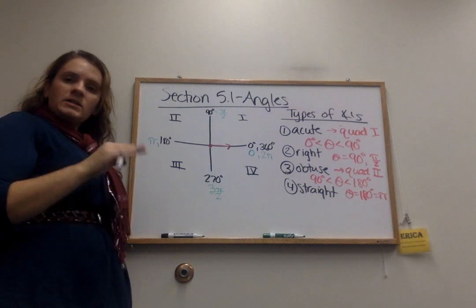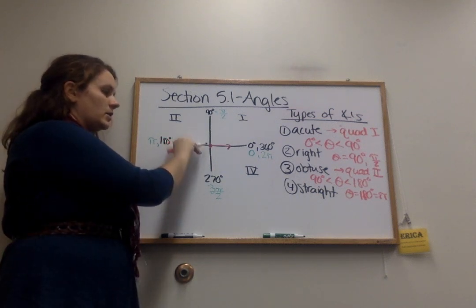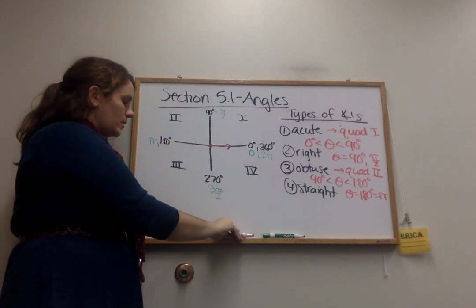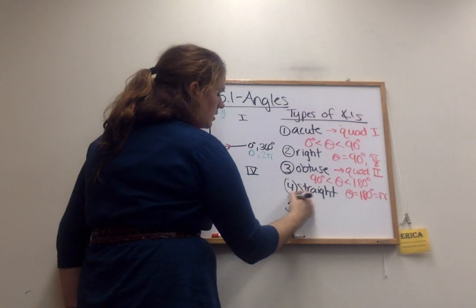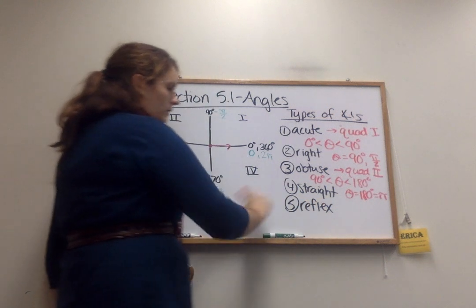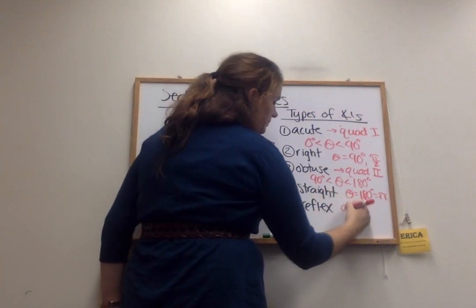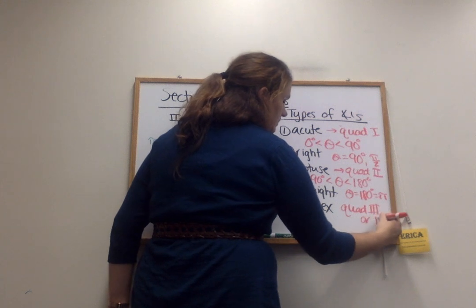The last one, which is not one that a lot of people are familiar with, anything that goes beyond 180 degrees, so something that falls in either quadrant 3 or quadrant 4, is called a reflex angle. And that could be, again, quadrant 3 or 4.